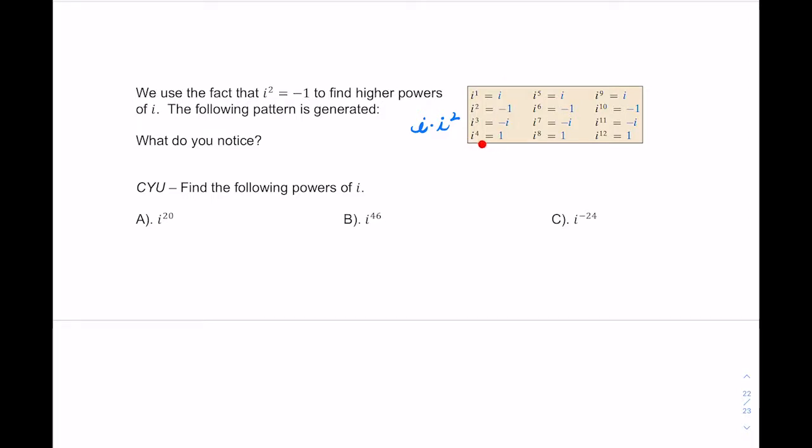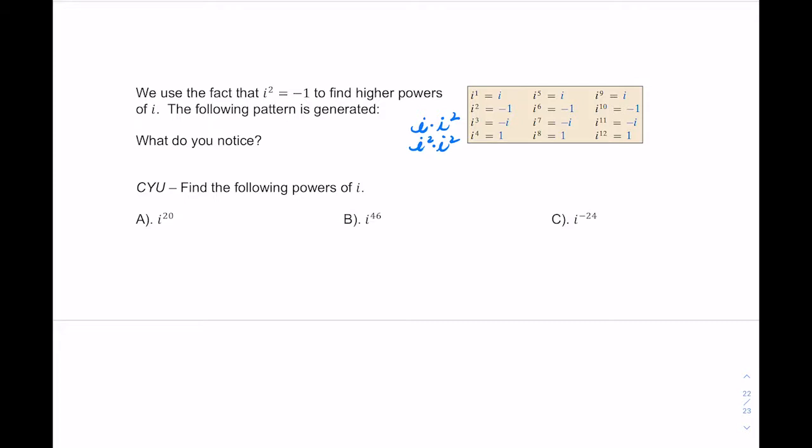And then i to the fourth is really just i squared times i squared, or negative 1 times negative 1, which is 1. And then the pattern starts all over again. It goes i, negative 1, negative i, 1. So after every 4, the pattern repeats itself.